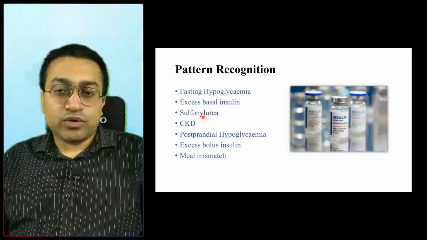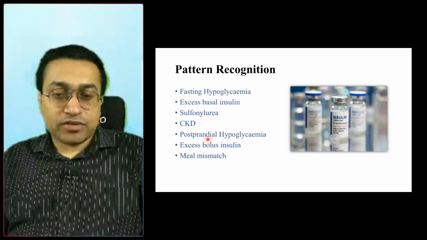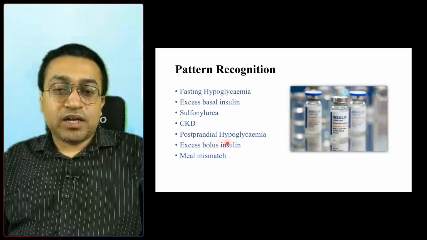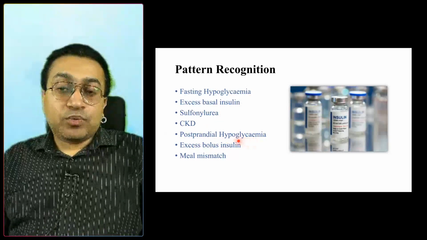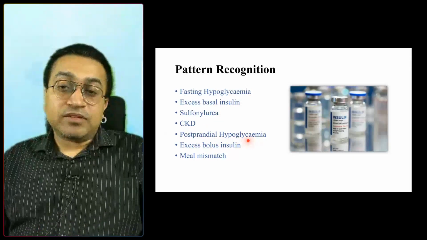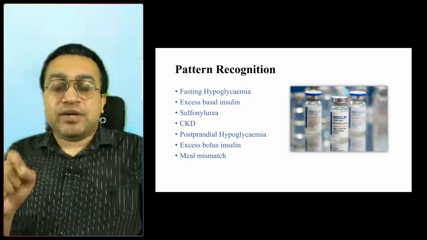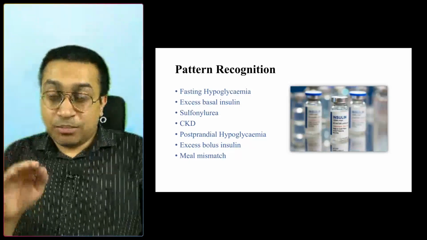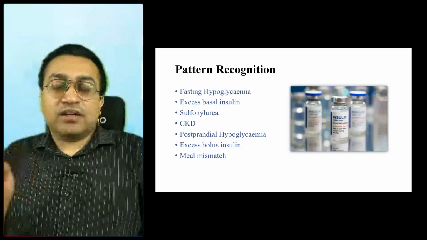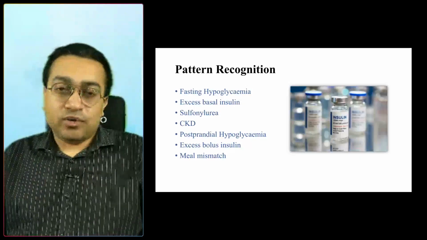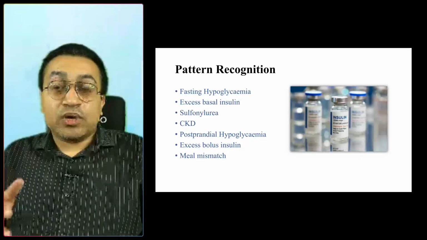Then sulfonylureas we have discussed, CKD we have discussed. Postprandial hypoglycemia. Now postprandial hypoglycemia means, imagine the patient comes to you, sir, I have checked my blood sugar after the meals and it is coming around 100, or maybe around 90.